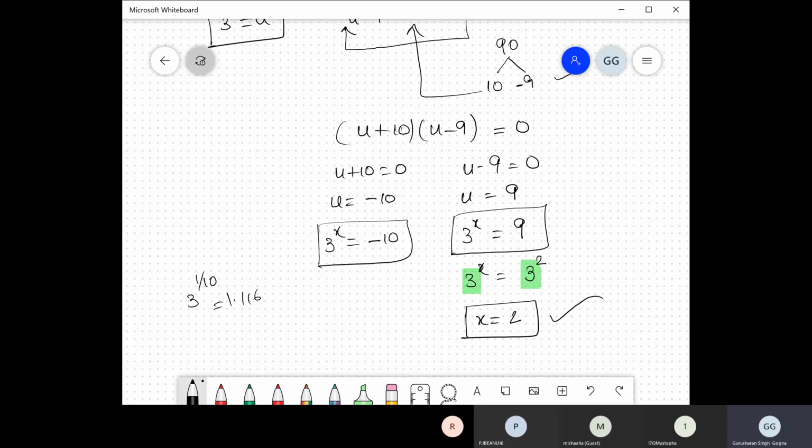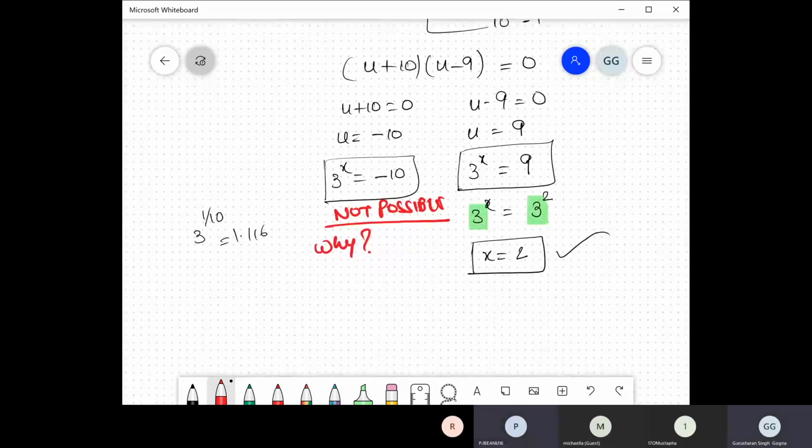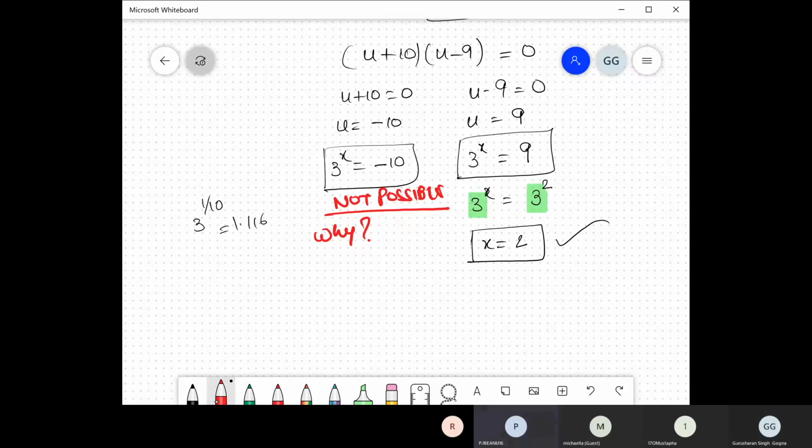So the idea is this is not possible. Why is this solution not valid? Because any power of 3, in fact any power of any number, will not give you a negative answer.